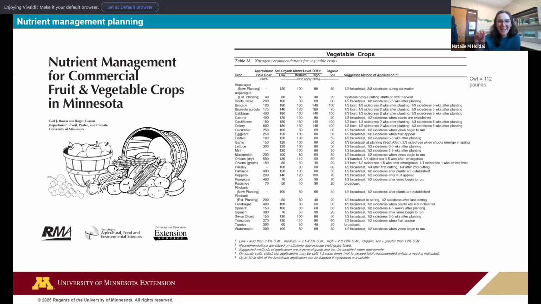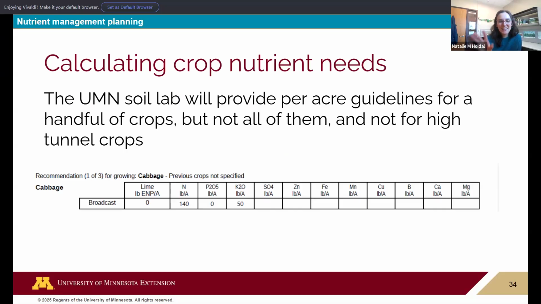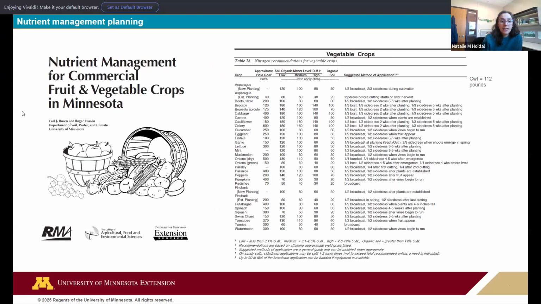And actually, before we do that, I want to say the soil test will only give you 2 or 3 crops. So if you need more crops or a different crop that's not on there, there is a Nutrient Management for Commercial Fruit and Vegetable Crops in Minnesota guide. This guide has recommendations for nitrogen, phosphorus, and potassium for a bunch of different crops.